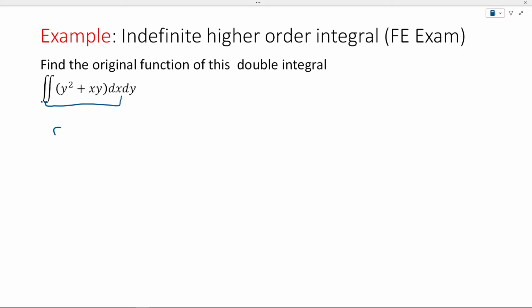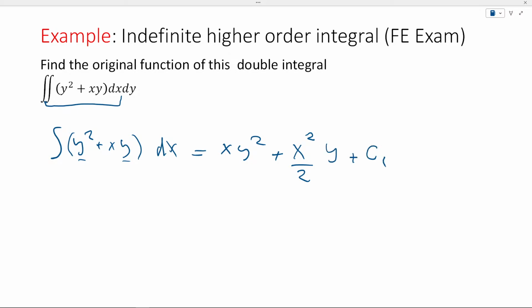The inner integral is with respect to dx, so this will be treated as constant, and this will be treated as constant. Again, this is why these things are trivial. So that would be y, because that's a constant, times x, plus x squared divided by 2 times y, plus a constant. Let's call this constant number 1. Now I have solved the first integral.